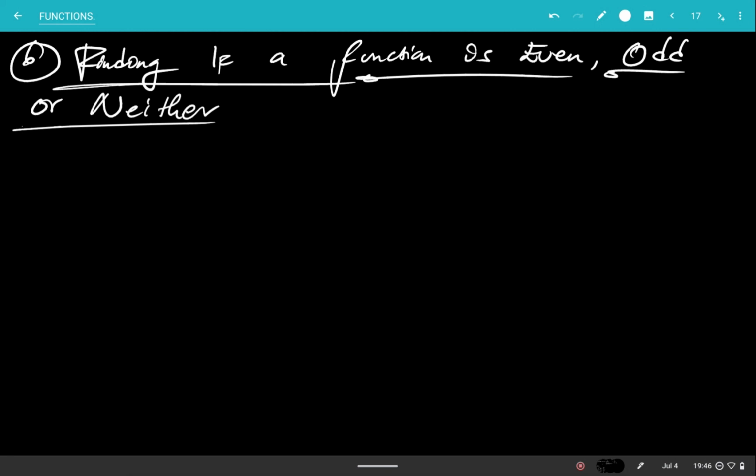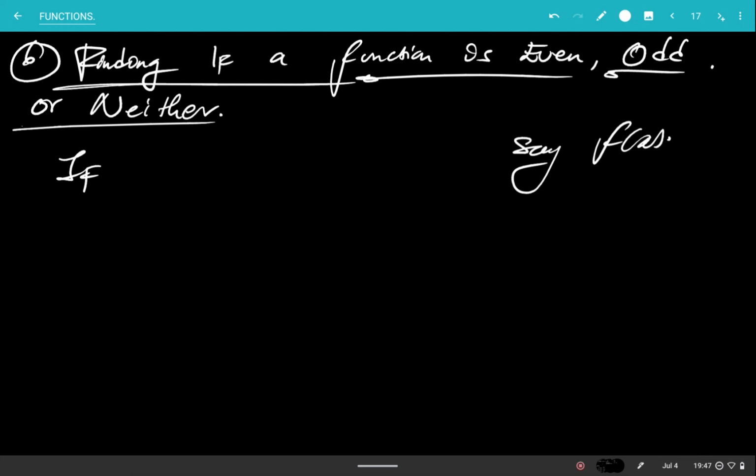Alright, so let us understand the conditions. You need to understand this. Let's pick a random function, say f of x, defined to be something. If that function f of x has some conditions, we can determine if that function is even, odd, or neither.